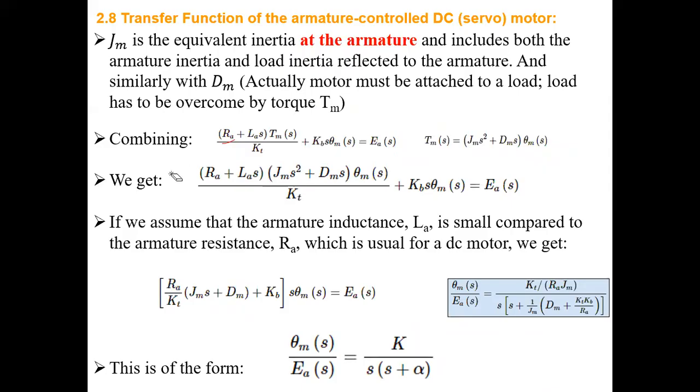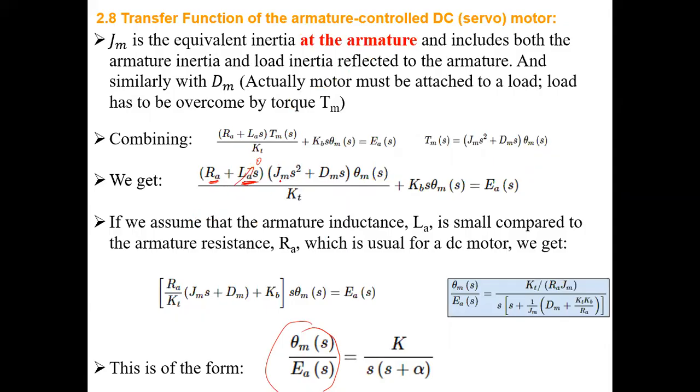Now we're finally in a position to find the theta m. So theta m over EA, that's our goal, right? Theta m over EA is the goal. Now in this case of armature control DC servo motor, this guy is very, very small. That's why you can simply neglect this guy. So if you neglect that, what do you get?